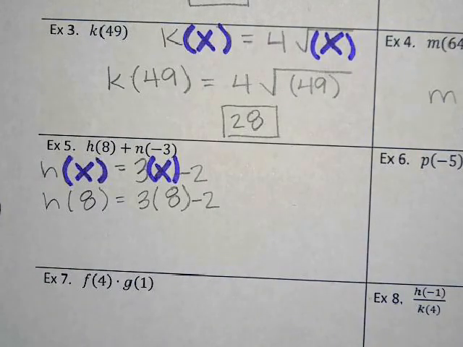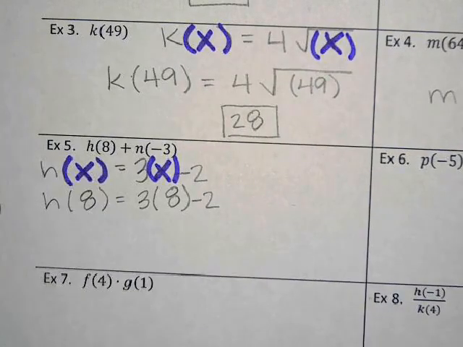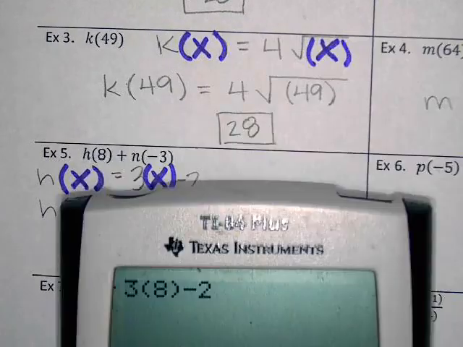And I'm going to ignore the notation. And what do I get? 22, okay. This is 22.